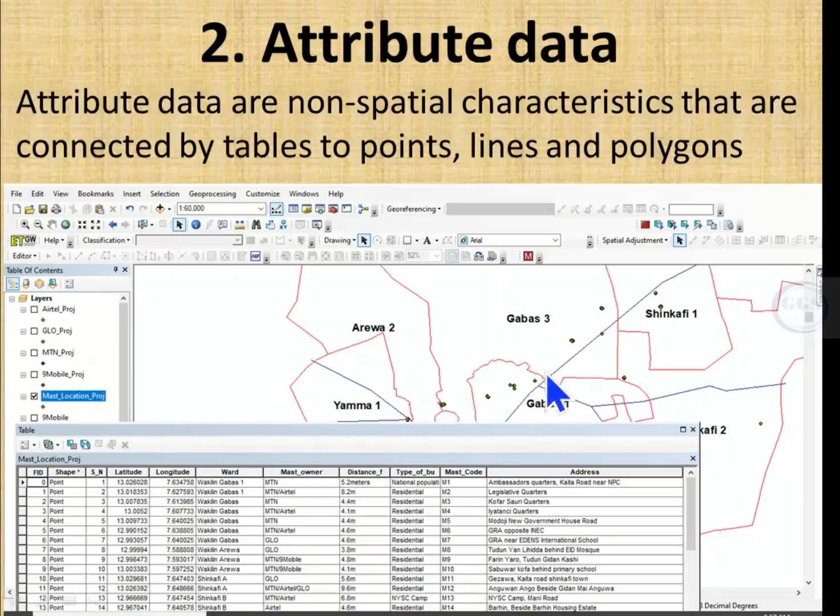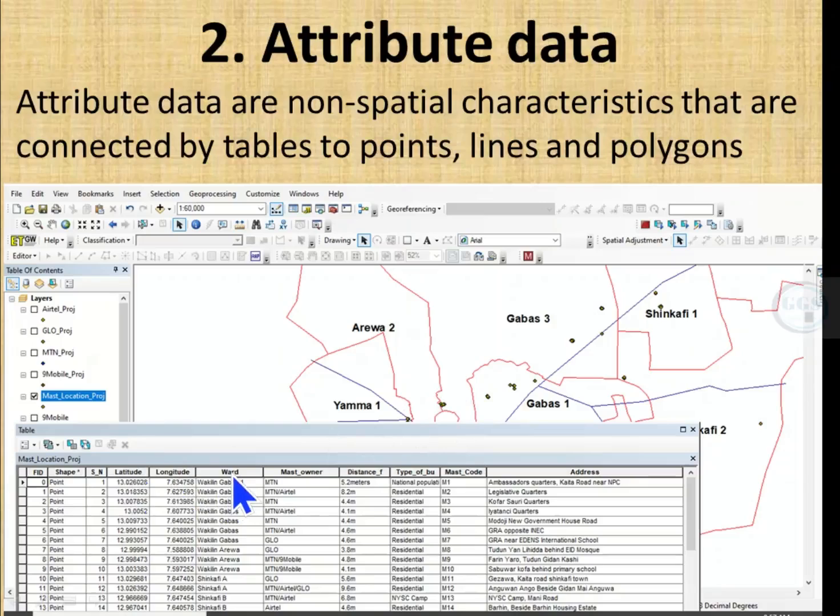So the layer we are considering here is points, and it is telecommunication mast locations represented by these points in various neighborhoods. Now, opening the attribute table of the data, we can see more information about the characteristics of this spatial data. Now, the points are represented by latitude and longitude.